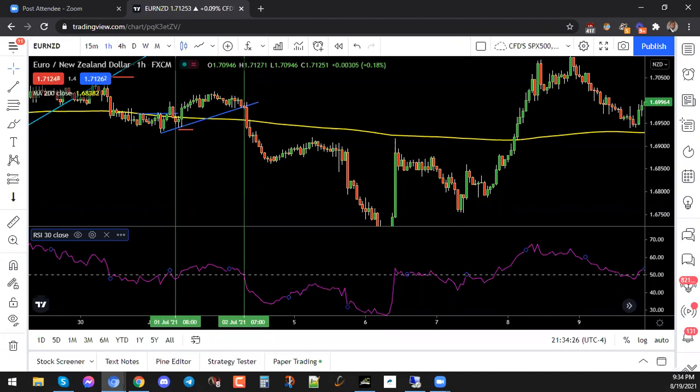If I make 100 pips or 50 pips or 200 pips to the 200 moving average, of course, I'm going to close my trade because I expect that when it hits that, it's going to bounce. And I don't want to give back the profit, right? But if I enter very close to it, I'm not going to exit, because it's most likely going to bounce off that moving average, or that moving average is going to be pressuring the price down or up. So it all depends on what my bias is at the time.